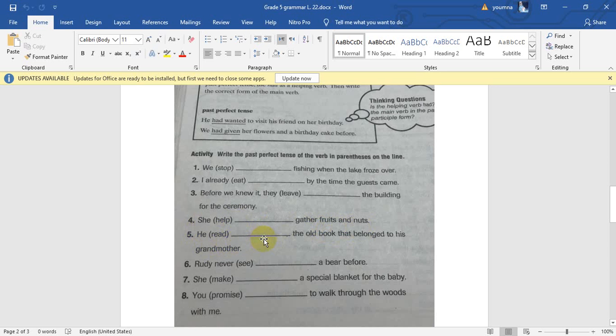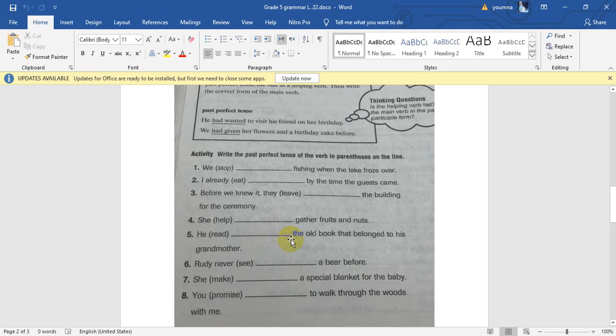He read space the old book that belonged to his grandmother. So it will be he had read. Actually we change how we say it, okay, but it's the same writing. So you will write read as it is, but when you are going to say it, you will say read. In the past, and the past participle of the verb read is read, but we write it as it is.